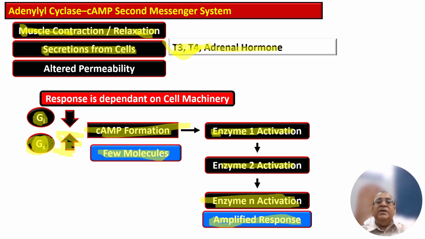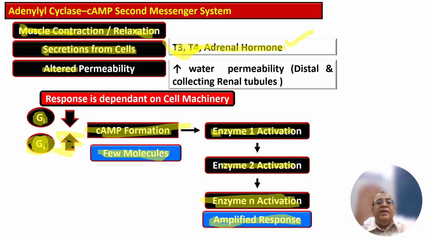The same mechanism activation will result in adrenal hormone when the adrenal cell is affected through this procedure. Then they are also responsible for altered permeability, as the activation of cyclic AMP will result in increased water permeability from the distal and collecting renal tubules.